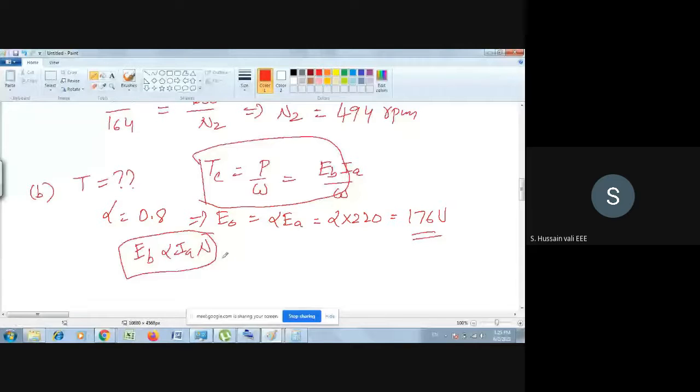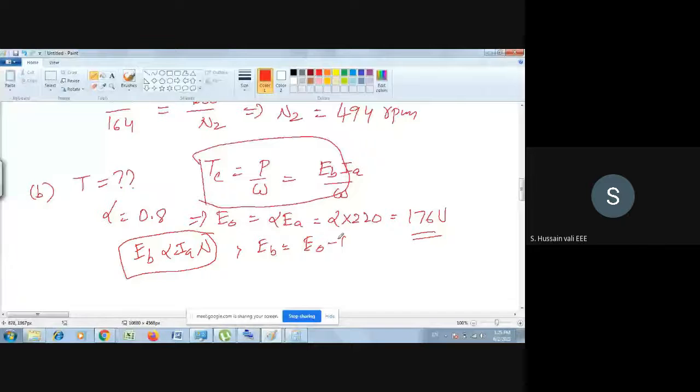There is another equation for EB: EB is equal to E naught minus IA. So EB is equal to E naught value 176 minus IA into 0.04. So we have got this equation. From this we can find out IA.